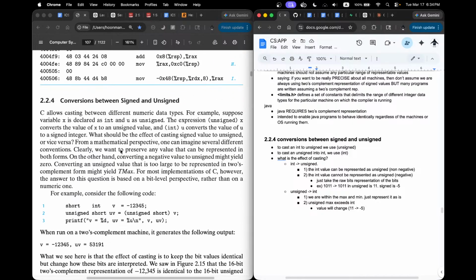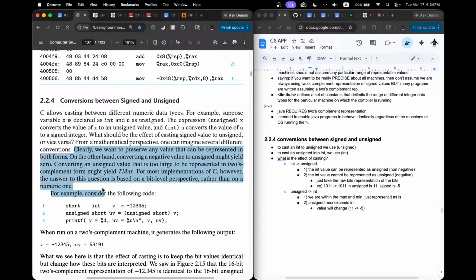From a mathematical perspective, one can imagine several different conventions. Clearly, we want to preserve any value that can be represented in both forms. On the other hand, converting a negative value to unsigned might yield 0, or it might yield something completely else.